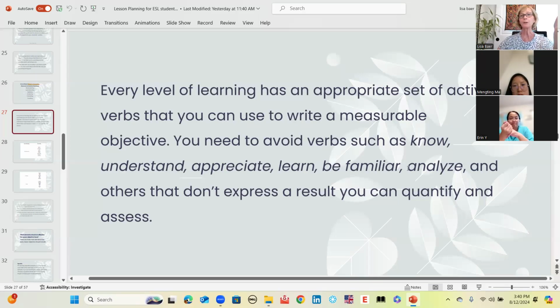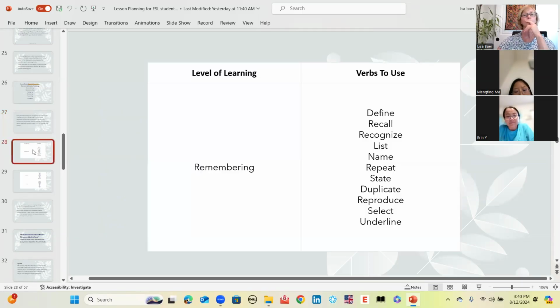If you have a discussion and the students are analyzing something that you've put in front of them, or a reading passage, or analyzing how to use the words, or analyzing breaking up a word to pronounce it, whatever it might be, you can qualify that for sure.